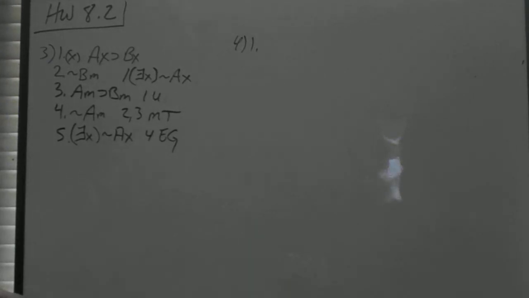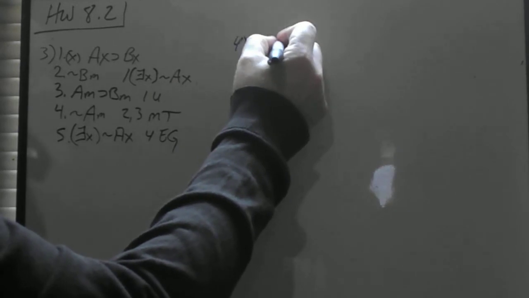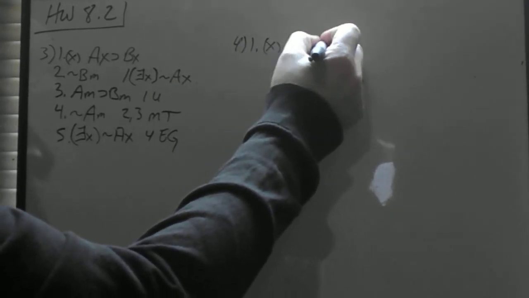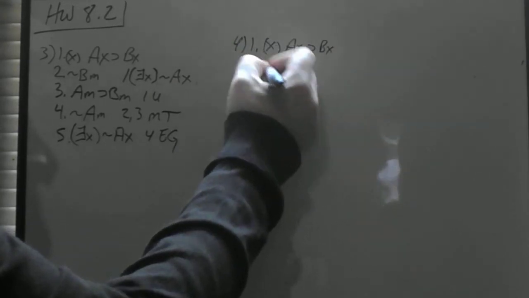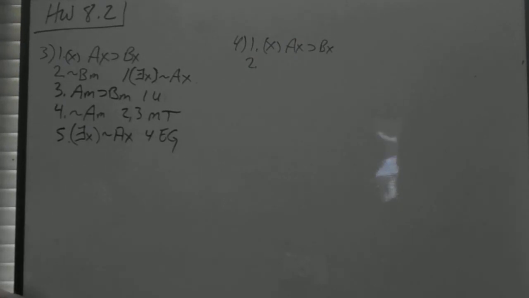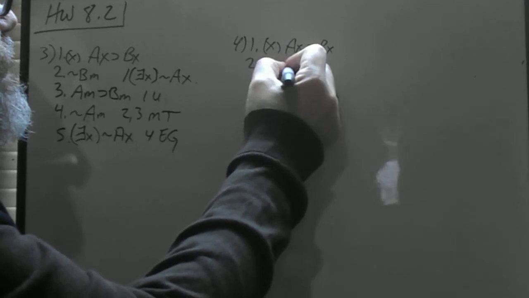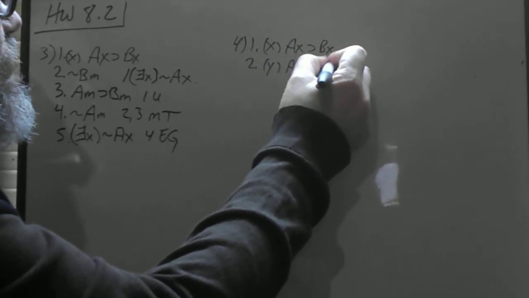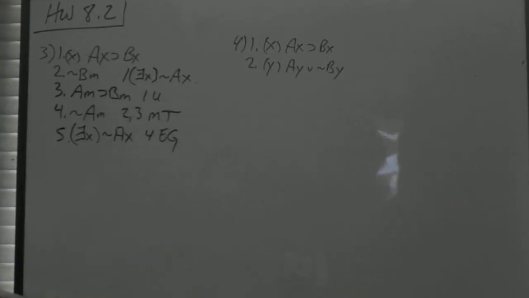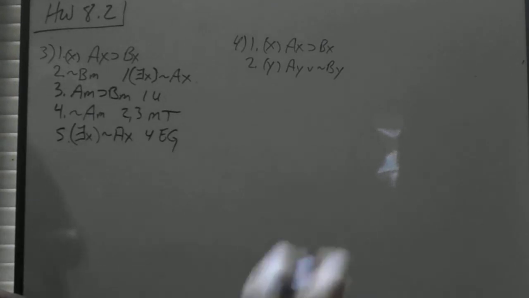All right, so number 4, we've got for all x, if ax then bx. Line 2, we have for all y, ay or not by. And the conclusion is for all x, ax if and only if bx.